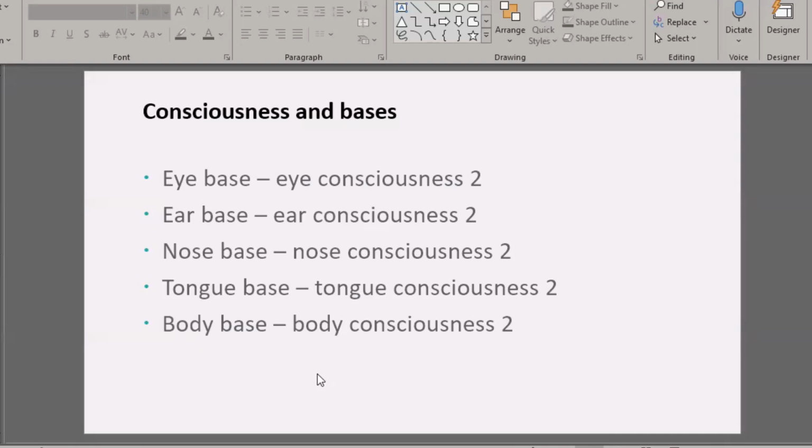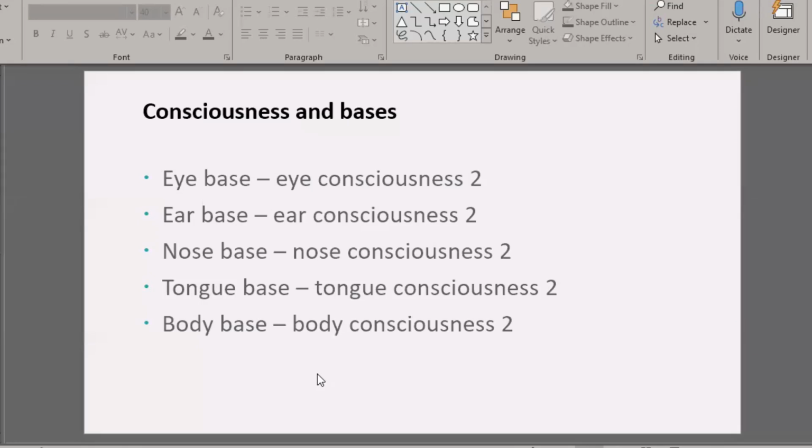Also, the deaf do not have ear base. Therefore, ear consciousness does not arise for the deaf. Those are special cases.